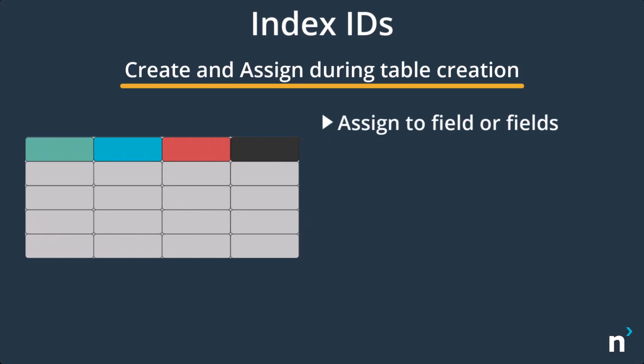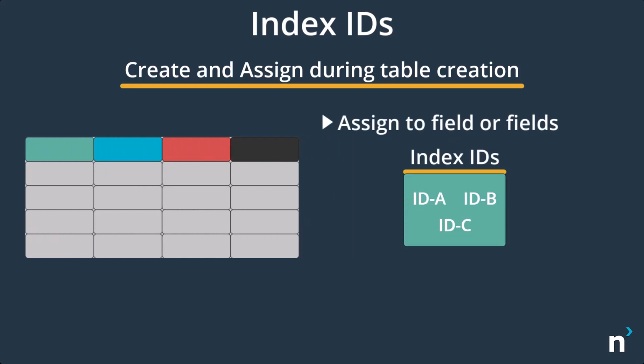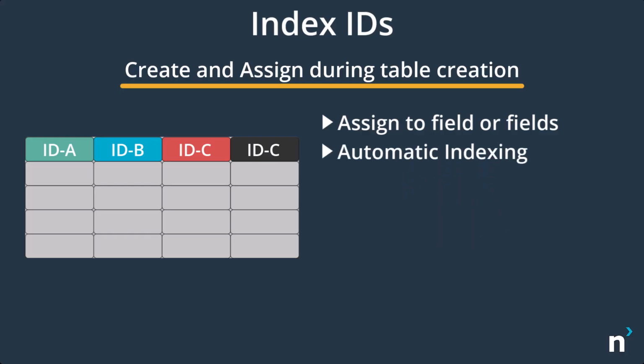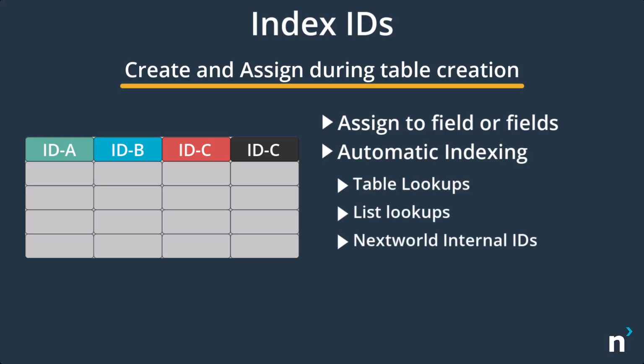You can assign the ID to a field or list of fields. Using unique indexes also maintains data integrity by ensuring that no two rows or records have identical values. In NextWorld, table lookups, list lookups, and NextWorld internal IDs are automatically indexed and do not need to be manually added in the Table Definitions application.